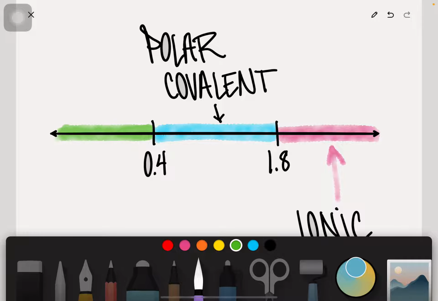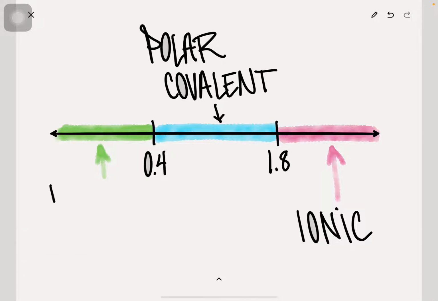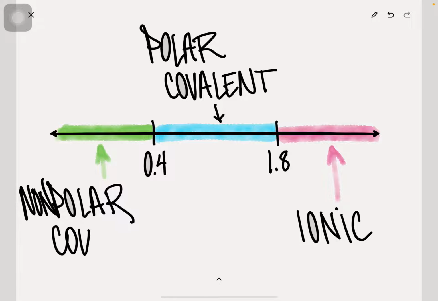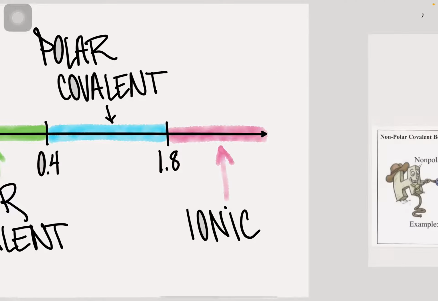And we will talk about this whole polar, non-polar thing in a second. Non-polar covalent. All right, polar, non-polar, what does that mean? We already know what ionic is. So let's look at this whole polar, non-polar thing.